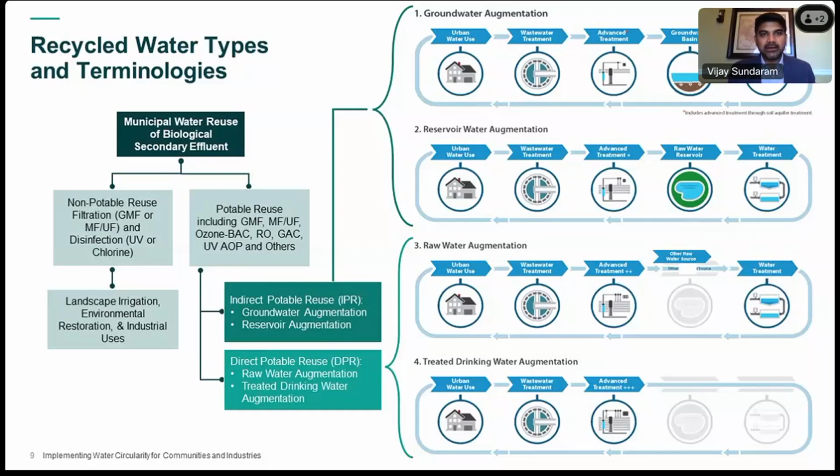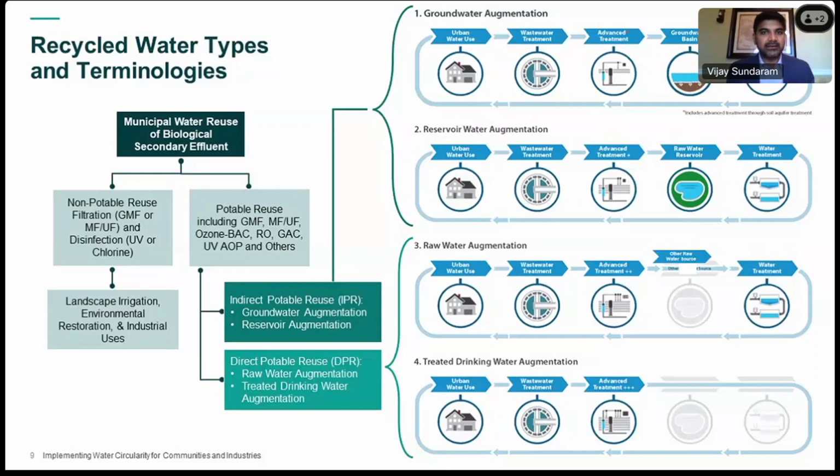We use these in the public forum, where it's mainly about how we are augmenting the drinking water supply. If we augment the groundwater after advanced treatment of municipal treated effluent, that's groundwater augmentation. If we are augmenting the large reservoir that feeds the drinking water plant, that is reservoir augmentation.